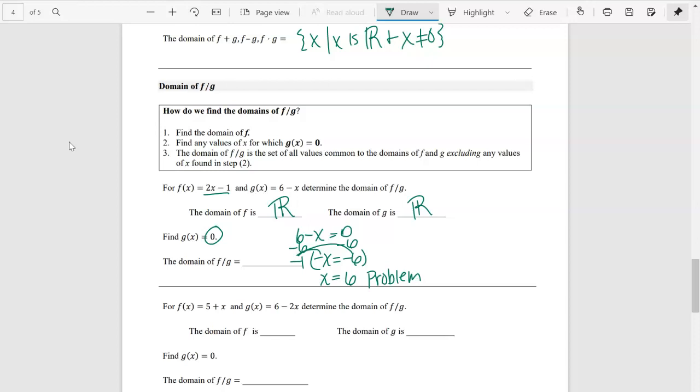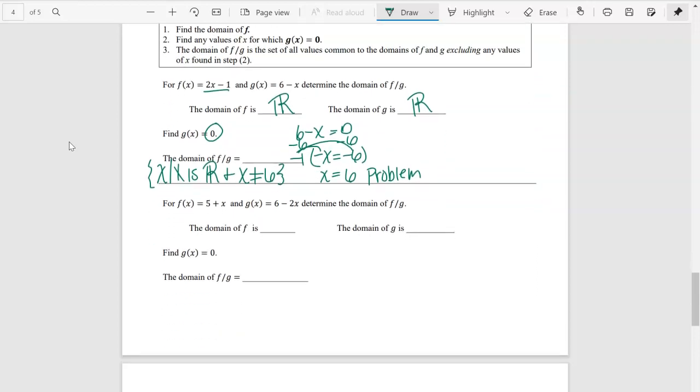And then the domain of f and g excludes any values of x found in step 2. So it's all x's such that x is a real number and x is not equal to 6, because if it's equal to 6, it's going to make it all turn into 0.